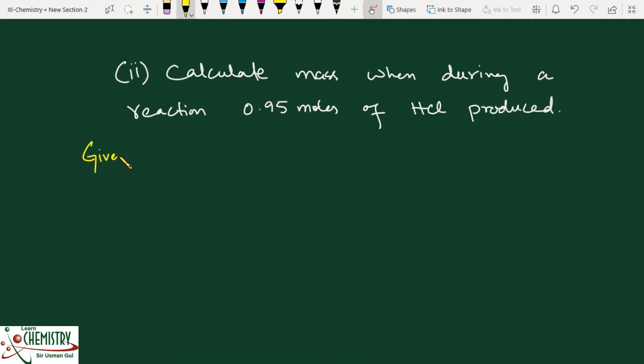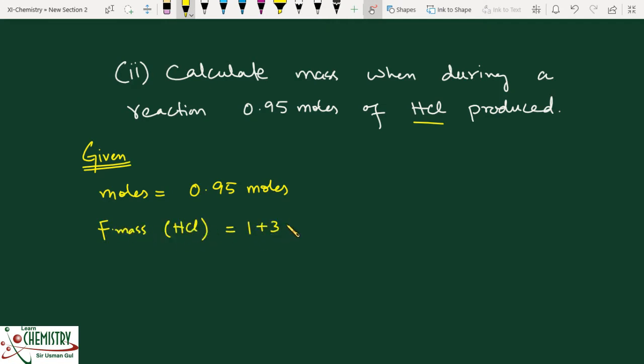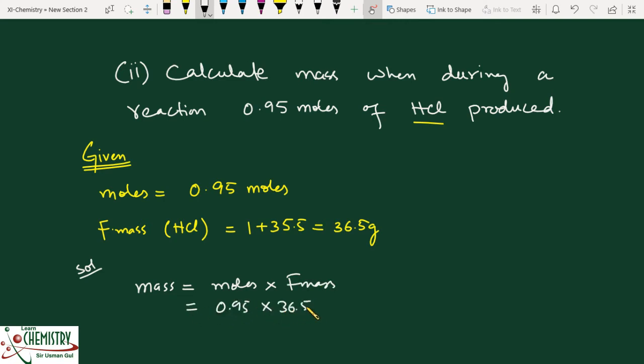Again the given value is moles, that is 0.95, and we need the formula mass as well, so it will be 36.5 gram. Now I will write the formula: mass equals moles multiplied by formula mass. So moles are 0.95 multiplied by 36.5. The answer will be 34.67 grams.